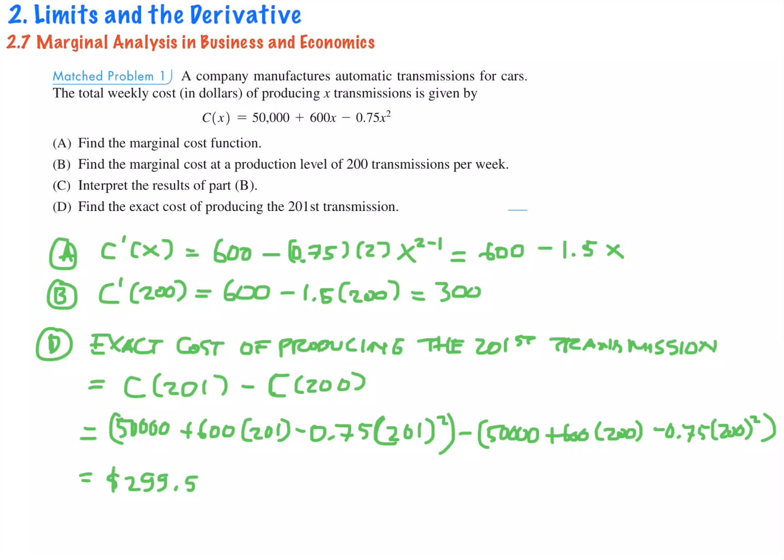Try to compare the marginal cost and the exact cost. The difference is only like 0.5, which is 50 cents. So the difference is not that much if we approximate with the marginal cost.